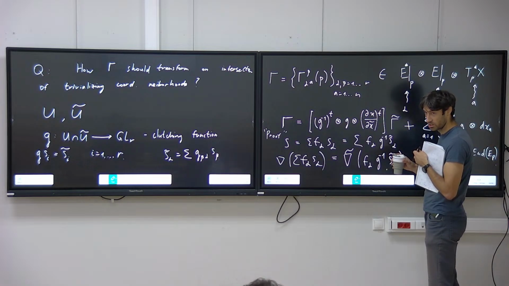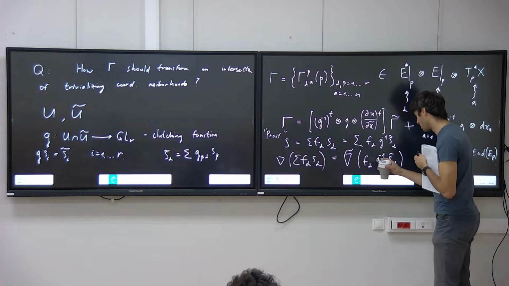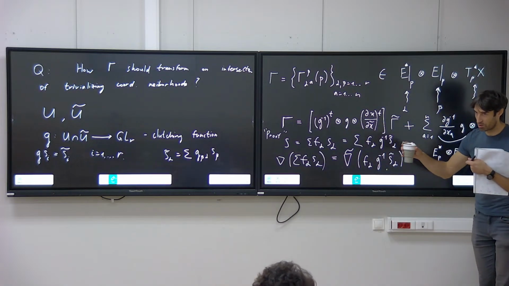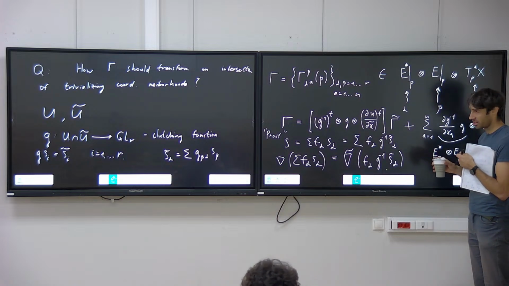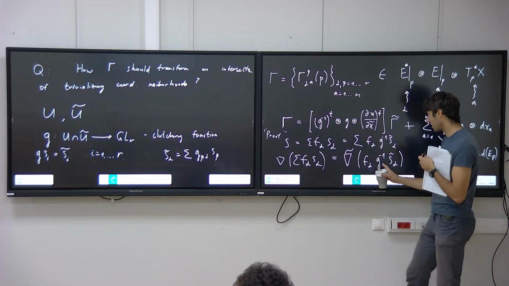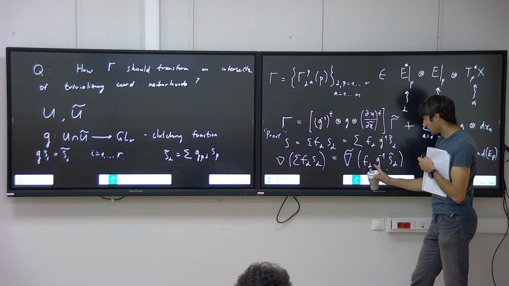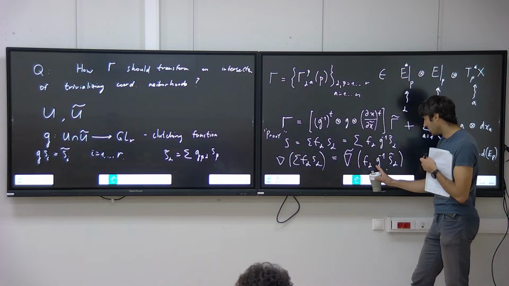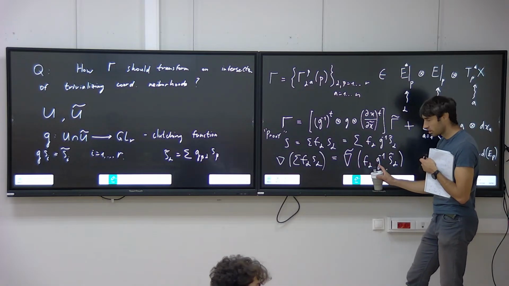So it's like a compact form of some sum, right? And so then I use the Leibniz rule and treat this as a function. I have to apply nabla to this, meaning that I need to take the differential of this.